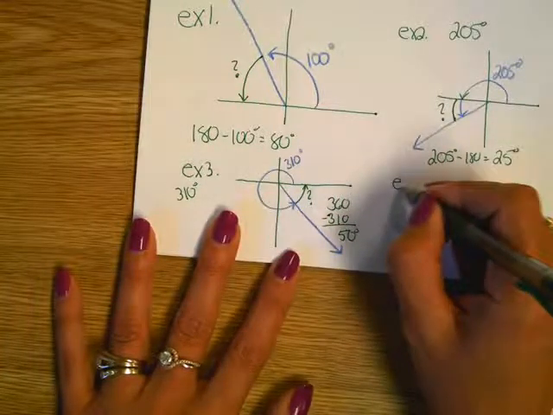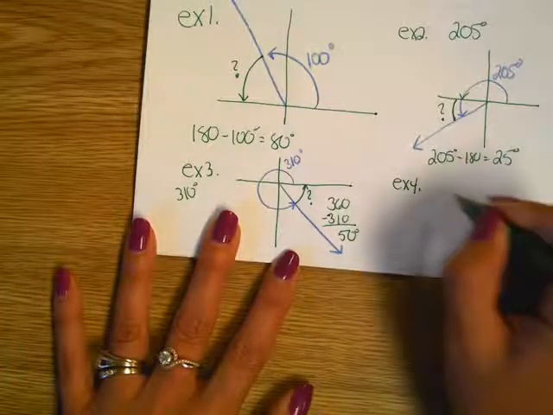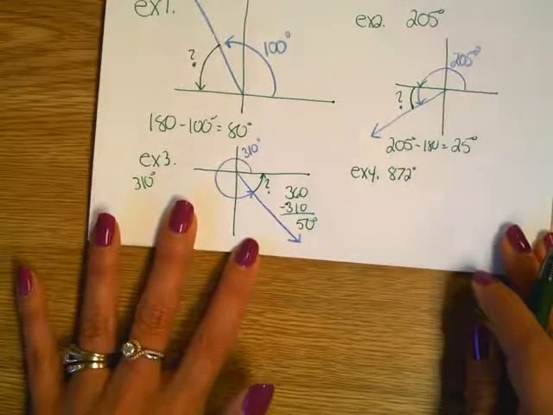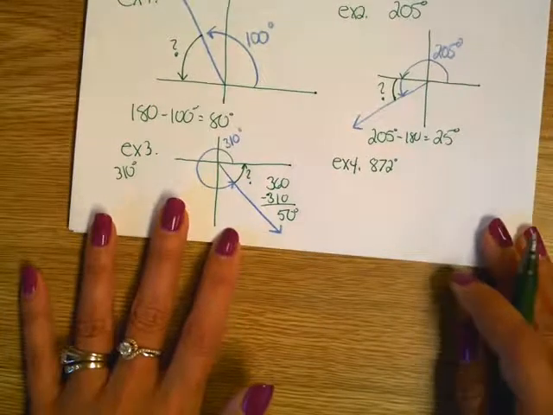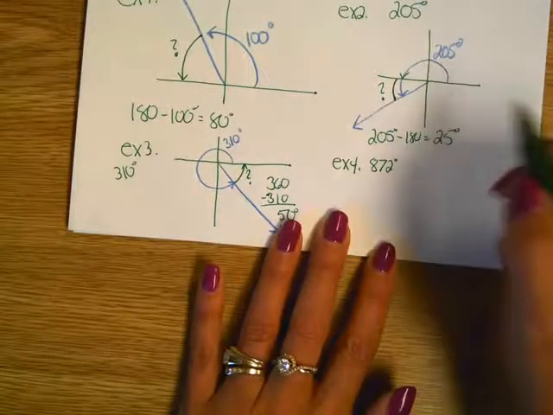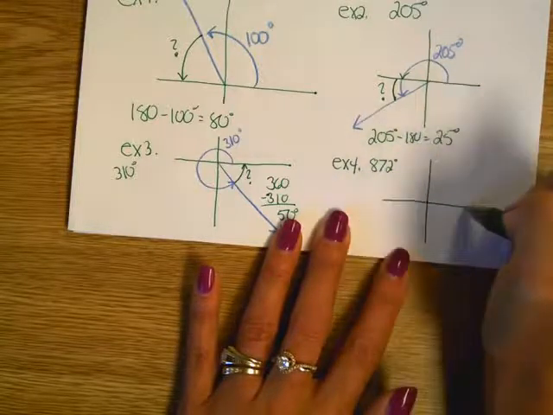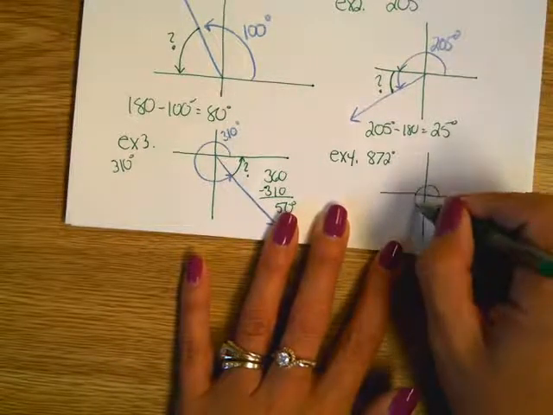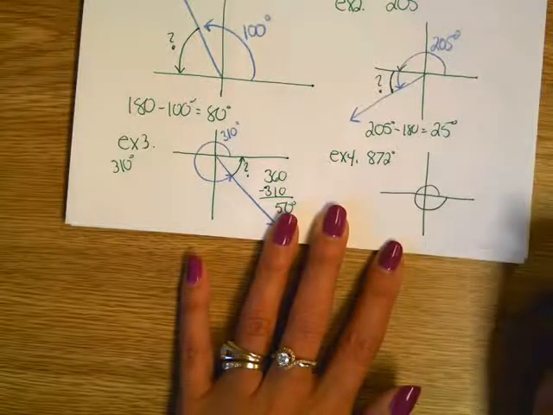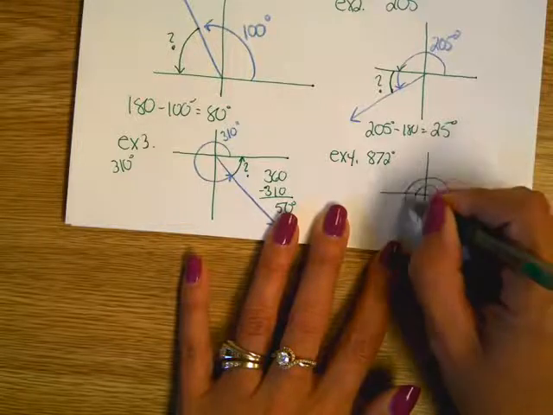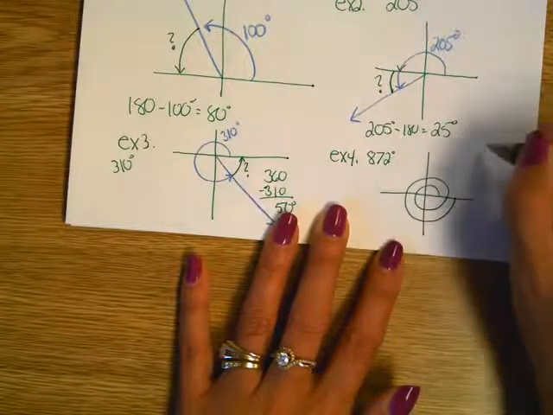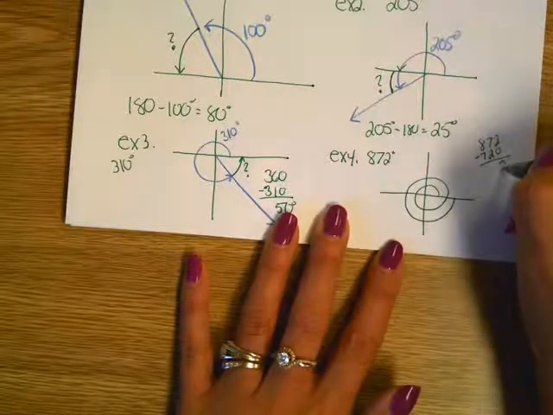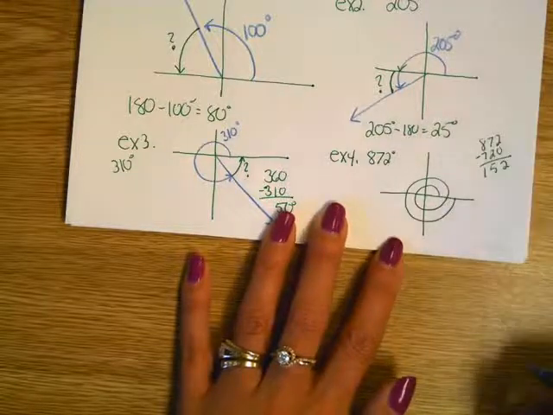And our last one, I'll give you a doozy, 872 degrees. What is its reference angle? Okay, so we got to spin a little bit. Spin once, we're at 360. Spin a full time again, we're at 720. 872 minus 720, we got to go another 152.